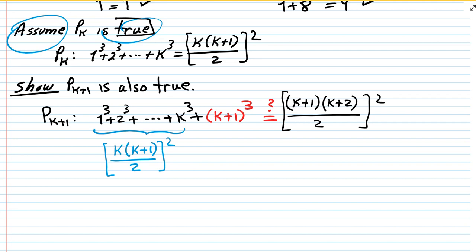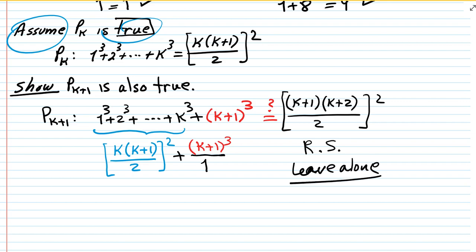And then to that, I'm going to add k plus 1 cubed. I'm going to give it a denominator of 1, so I'm about to add 2 fractions. Notice, this is the right side. Leave it alone. We're not doing anything to the right side because we want to show the left equals the right side. All right.